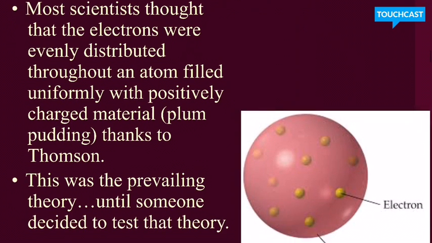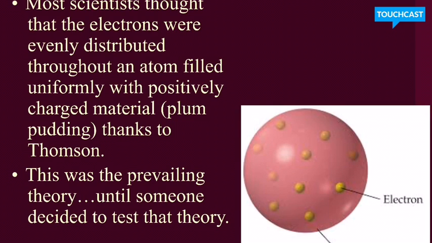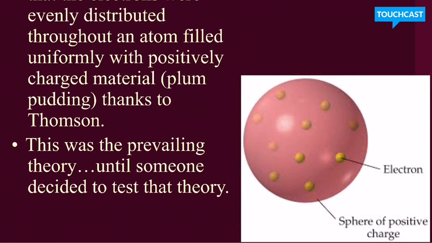It was a positive ball of dough with negatively charged electrons sticking inside of it. Think of it like cookie dough with chocolate chips stuck inside. The dough is positively charged, and those little chocolate chips are negatively charged.